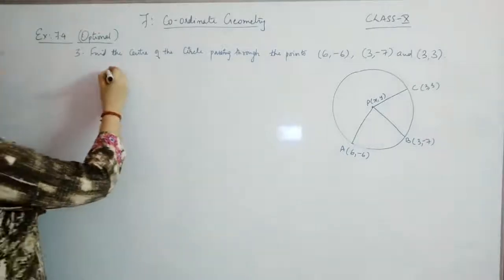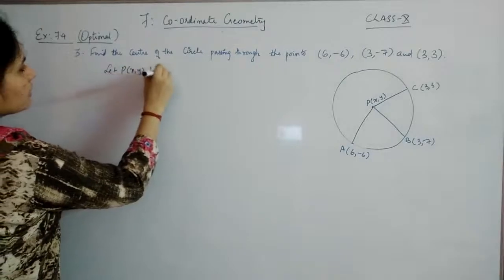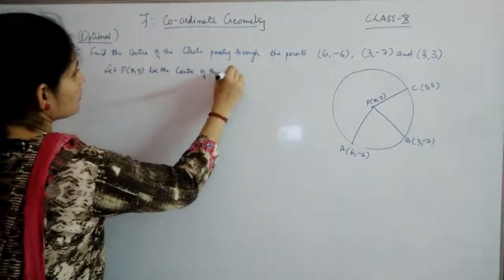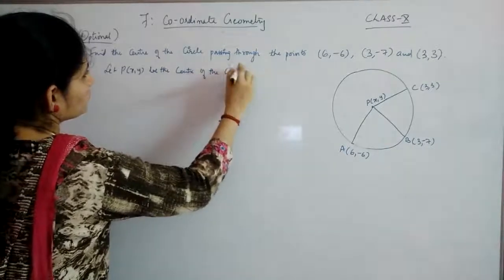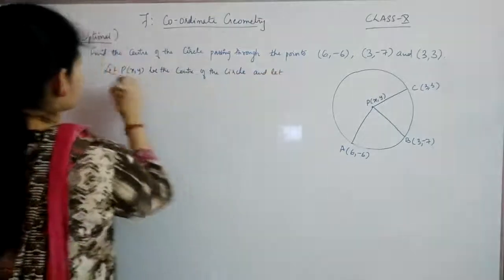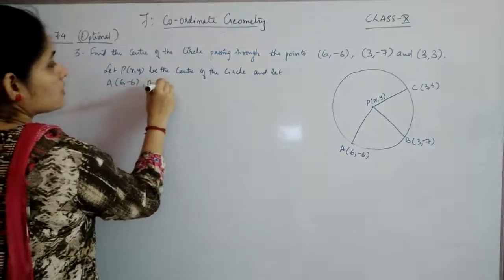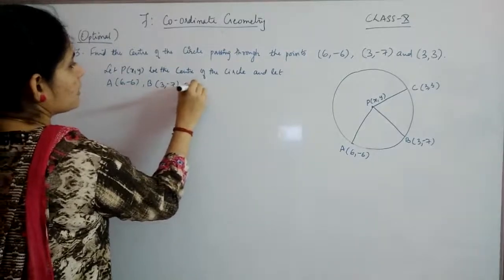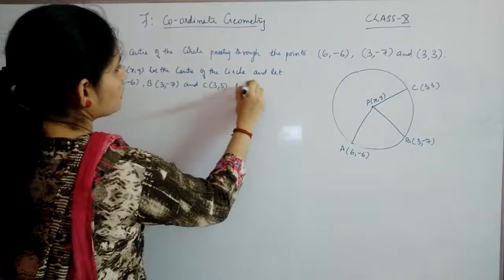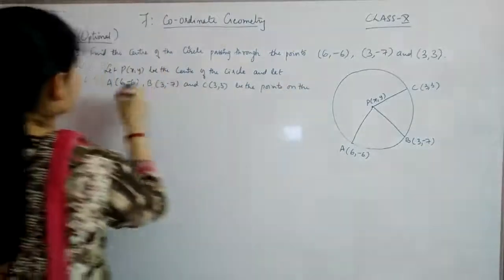So first we will start with, let P(x, y) be the center of the circle, and let A(6, -6), B(3, -7), and C(3, 3) be the points on the circle.